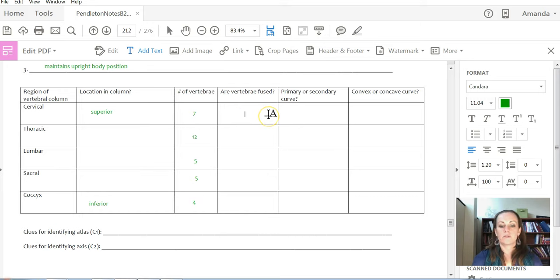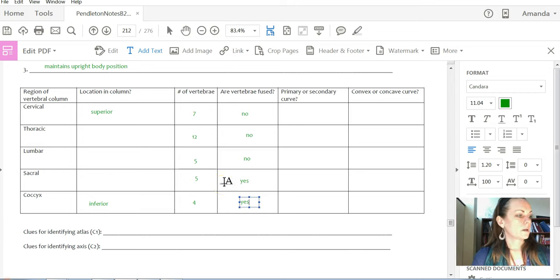Are the vertebrae fused? No, that means they're individual, so for cervical, thoracic, and lumbar, but for the sacrum and for the coccyx, okay, yes, they are definitely fused.